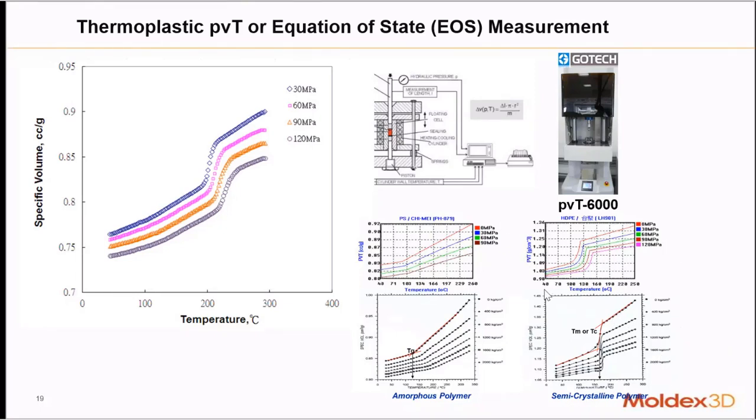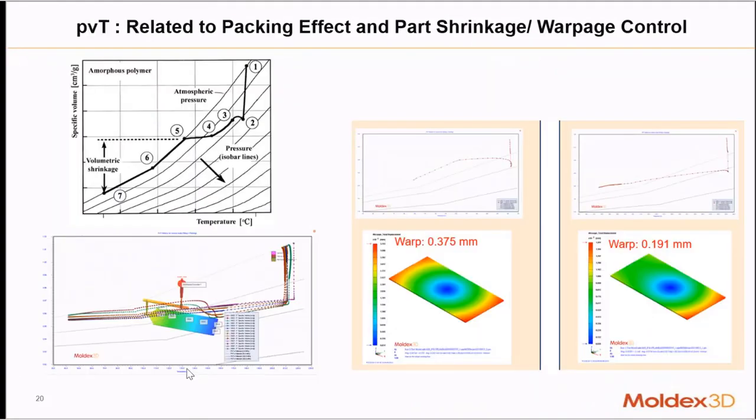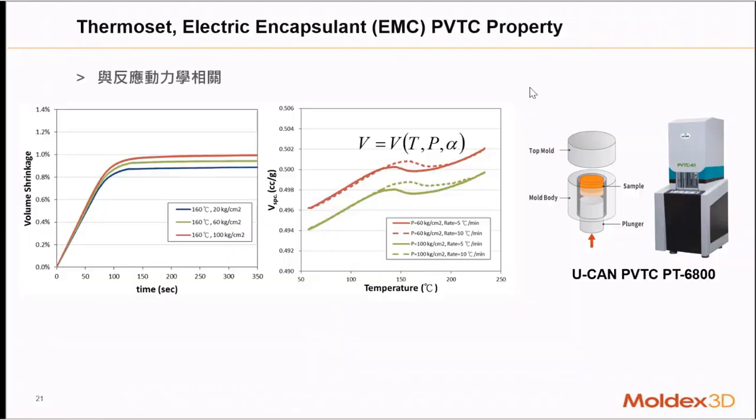As you know, because of the microstructure or morphology difference, semi-crystalline polymers and amorphous polymers have different behavior in the PVT curve. This is also related to shrinkage and warpage control. Based on this data, we can control the process conditions to help reduce the warpage behavior. So this is also important for warpage control.